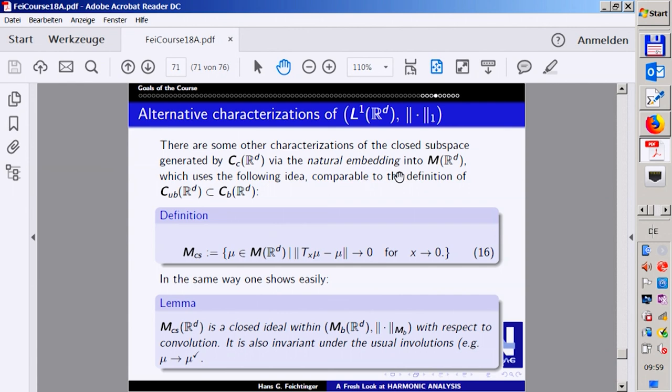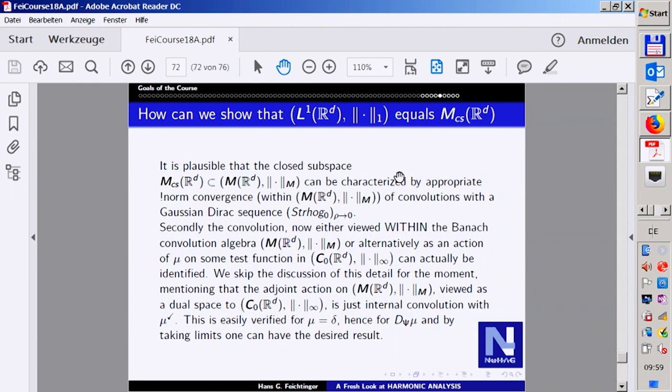So associativity of convolution that we can use: delta x convolved with mu1, bracket, and then put together, is the same as delta x with mu1 convolved with mu2. So associativity tells us we can pull out one factor, therefore this is clearly an ideal in the bounded measures and so on. This is more or less saying what I have said already.